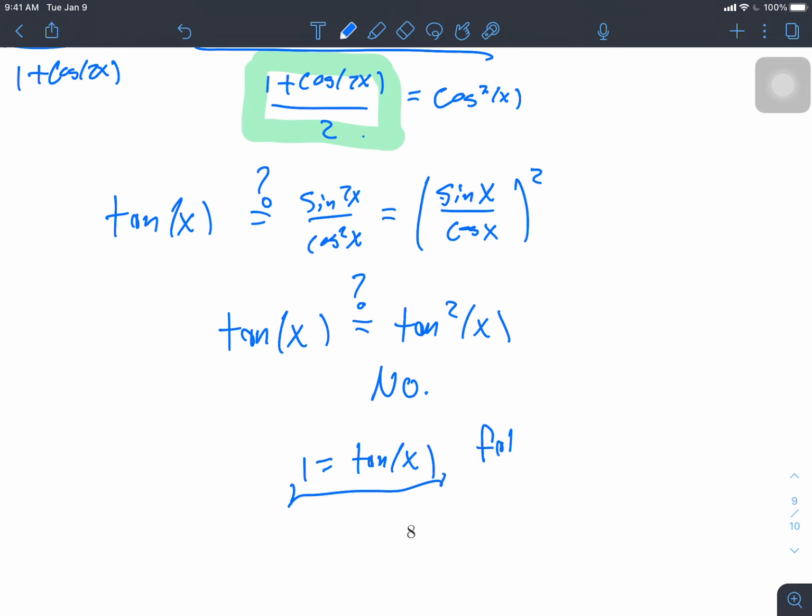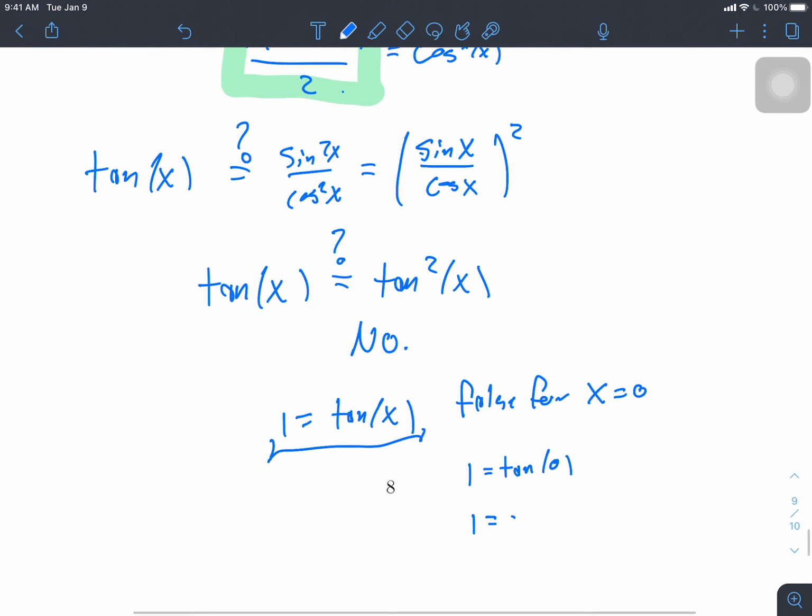So this is false for, say, x equals 0, because tangent of 0 is 0. So this would then be 1 is equal to tangent of 0, and that would be 1 is equal to 0, which is not true.